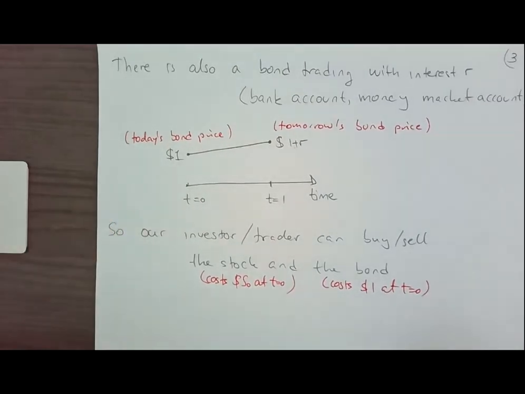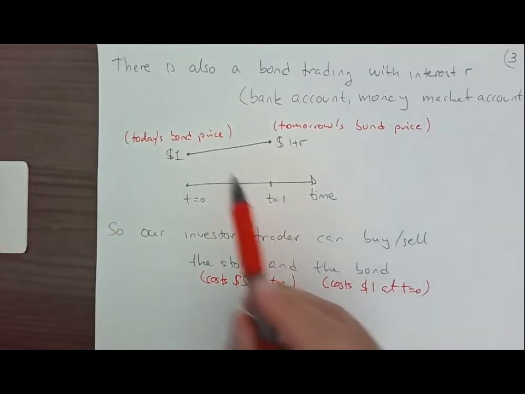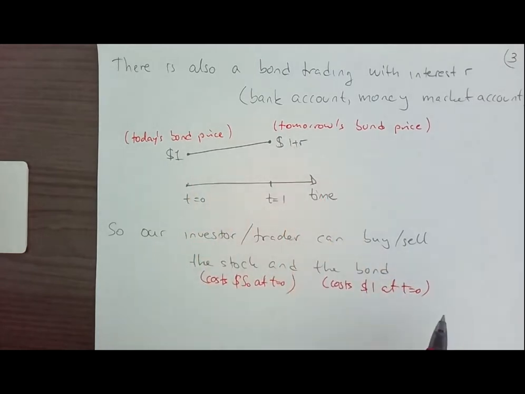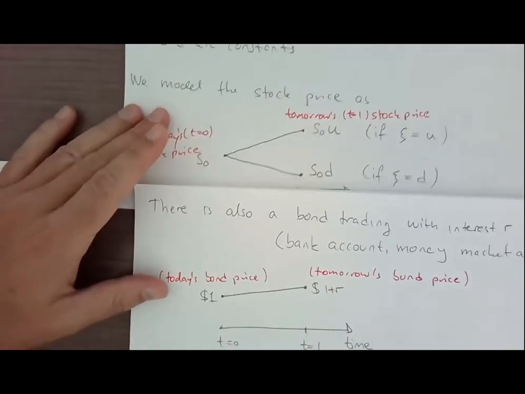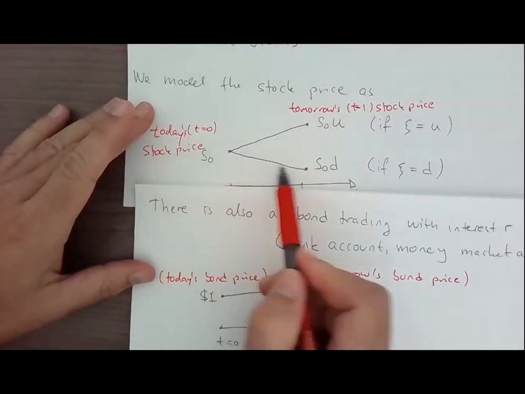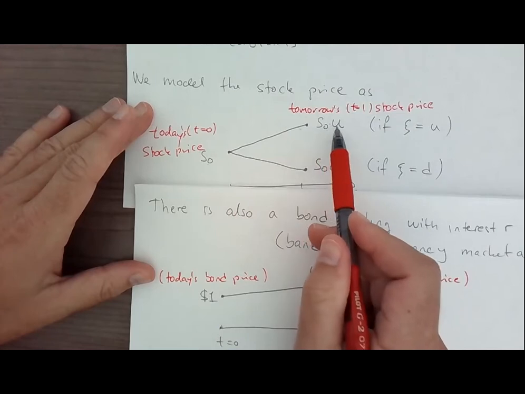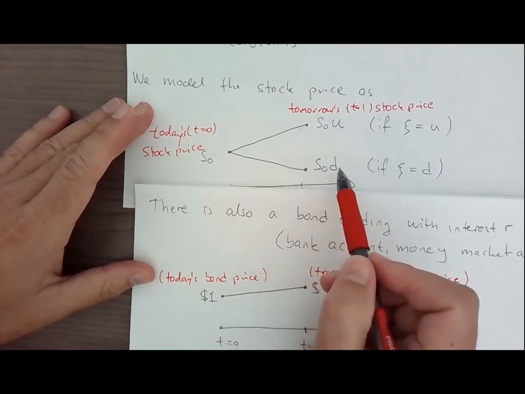So if he buys the bond, then the value of the bond at the later time is going to be 1 plus R. If he buys the stock, then the stock at the later time is going to be either S0 times u or S0 times d.